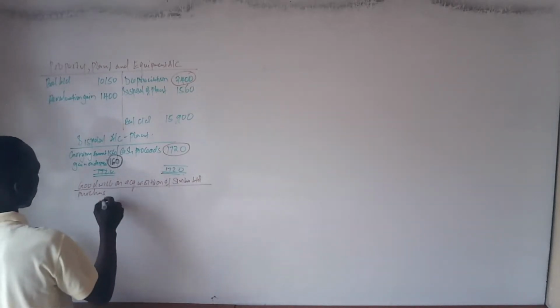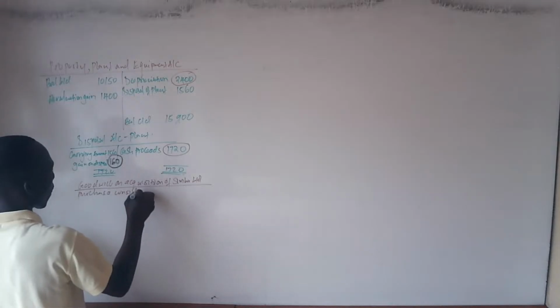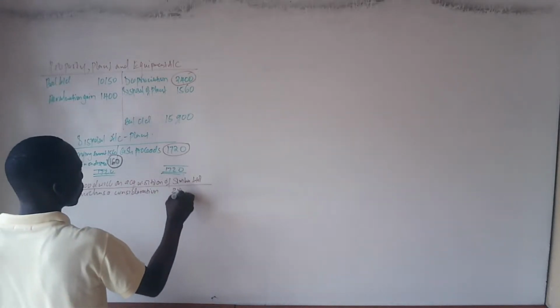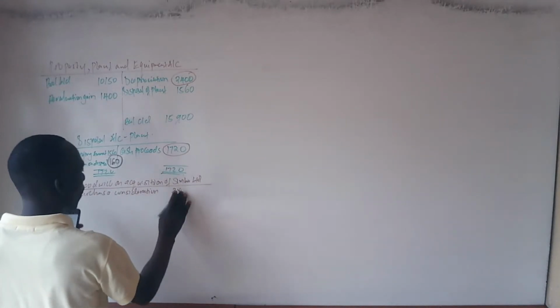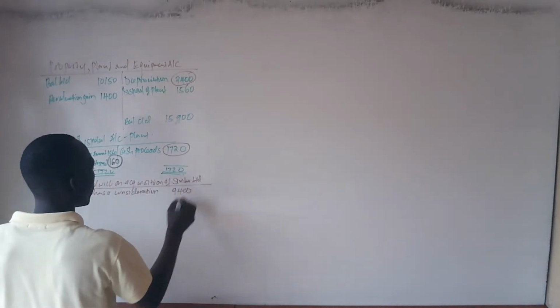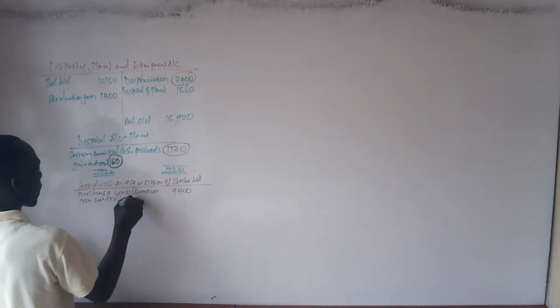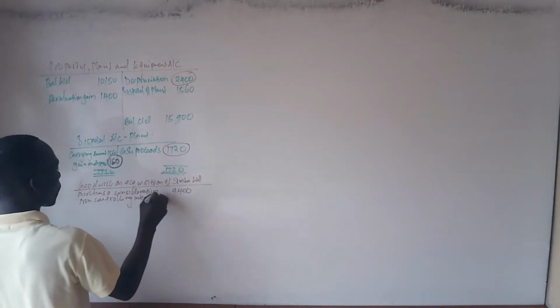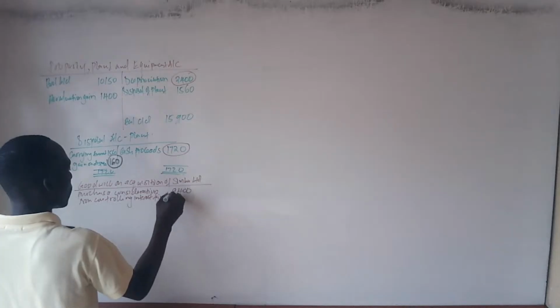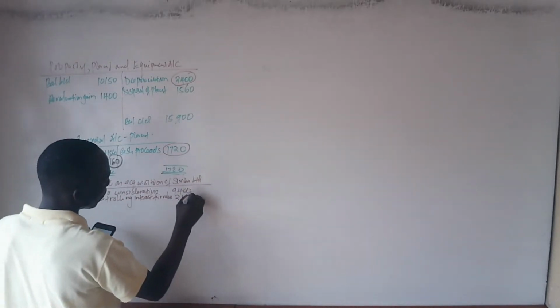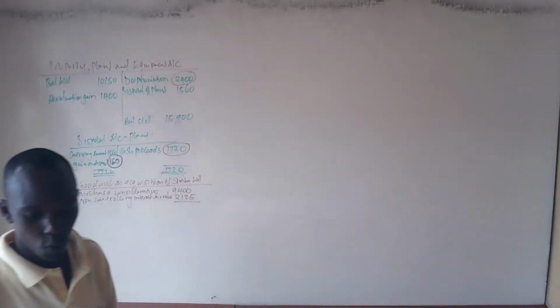Purchase consideration was 9,400. Then we had the non-controlling interest. Non-controlling interest fair value was 21.25. Total, how much are you getting? Take this plus this. Yes? 11,525.